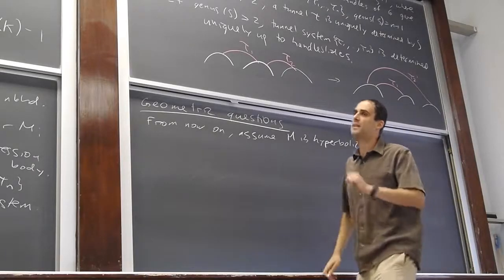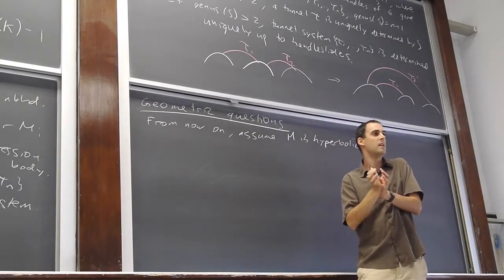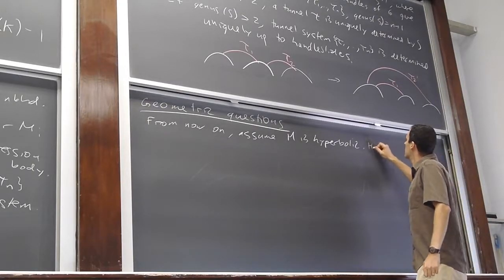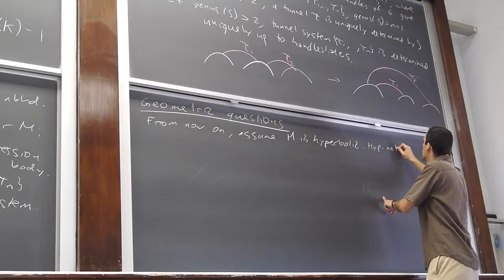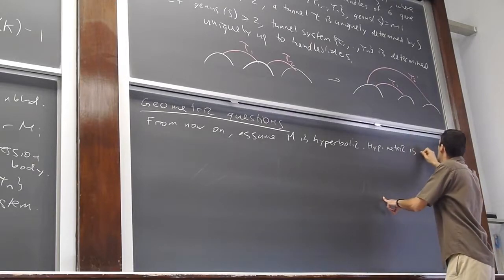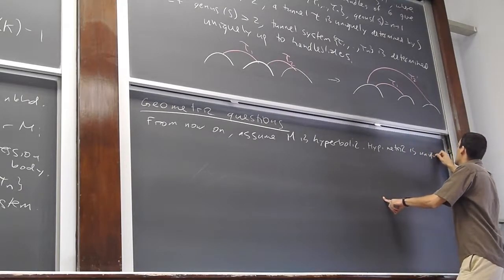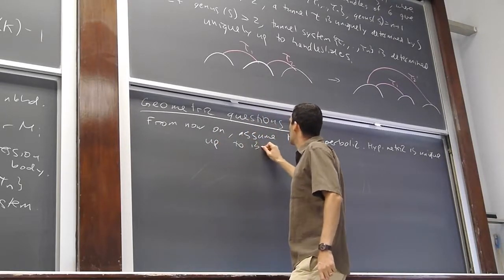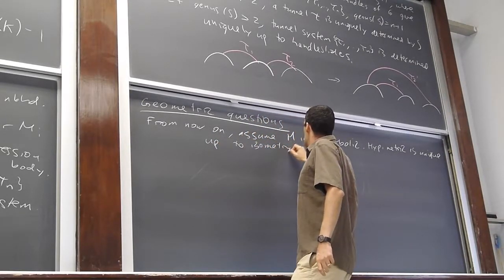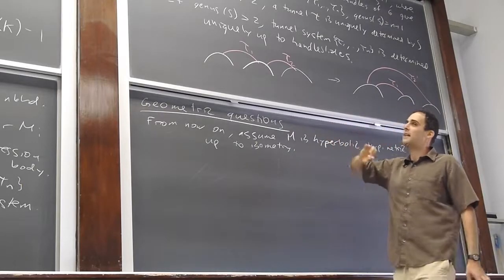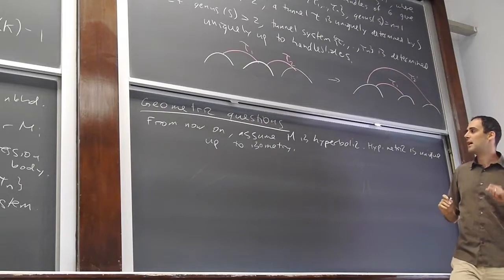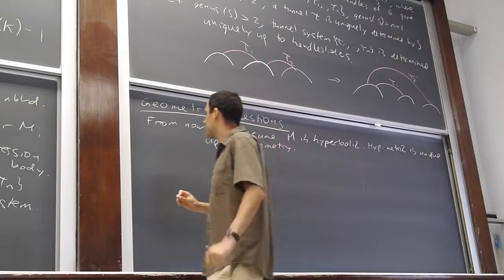Because it's compact and has torus boundary, the hyperbolic metric is unique up to isometry. And you can start asking exactly what these tunnels look like geometrically in this unique hyperbolic metric.